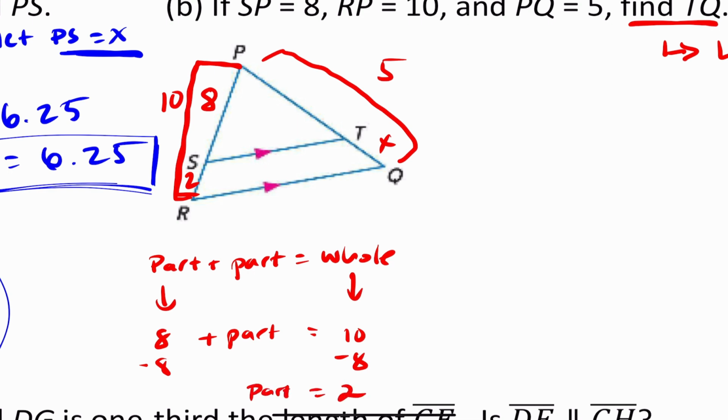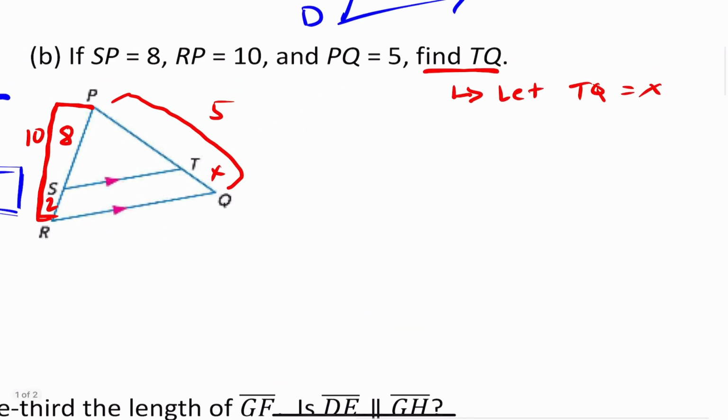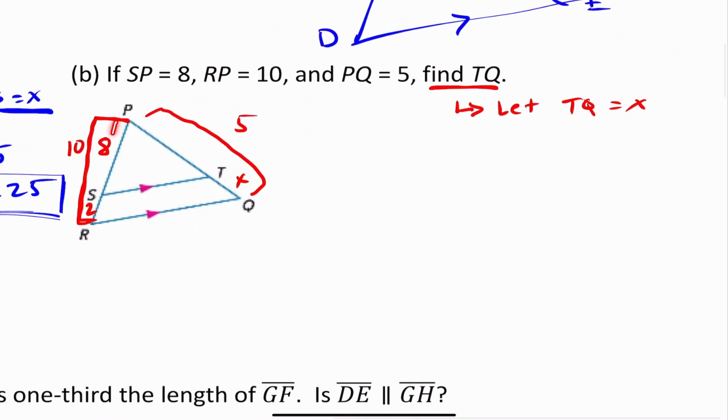So the part is equal to 2. So we already figured that out, and we really need to figure out what this part here is and also this part here to create that ratio.